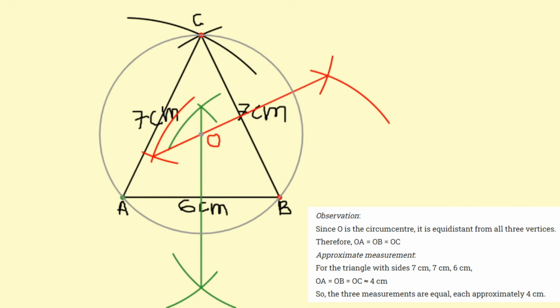So based on our observation, O is our circumcenter, which is inside this triangle, and it is equidistant from point A, point B, point C, that are nothing but the vertices. So OA, OB, OC, all of them are equal, and their approximate measure is 4 centimeter.